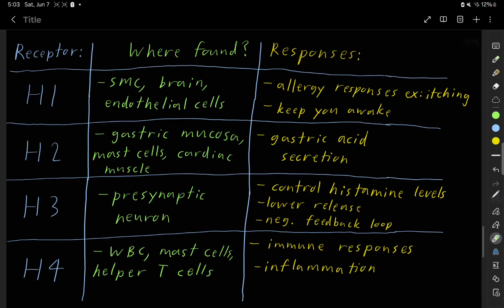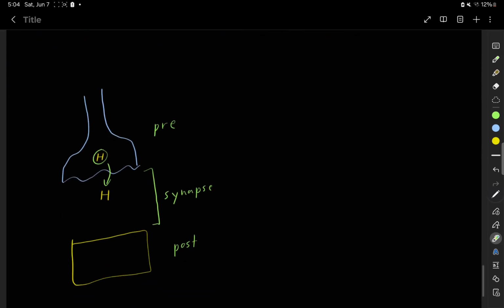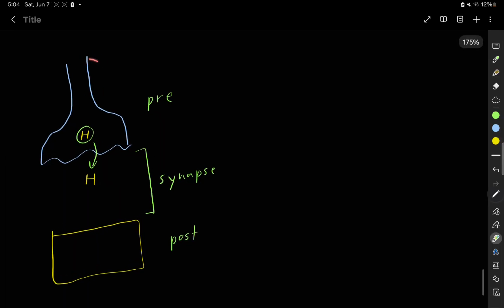So H3 receptors, these ones are a bit more complicated and unique. They're found on presynaptic neurons. So what I mean by that is, here you have your neuron, which releases histamine into your synapse, which is the gap between your neuron and your postsynaptic cell, such as another neuron or another tissue. So synapse in the middle, presynaptic neuron before, and postsynaptic cell afterwards.